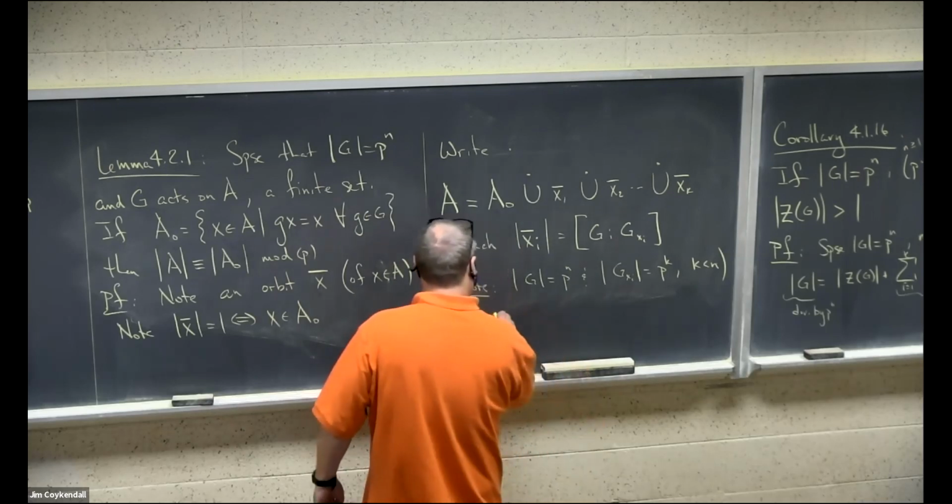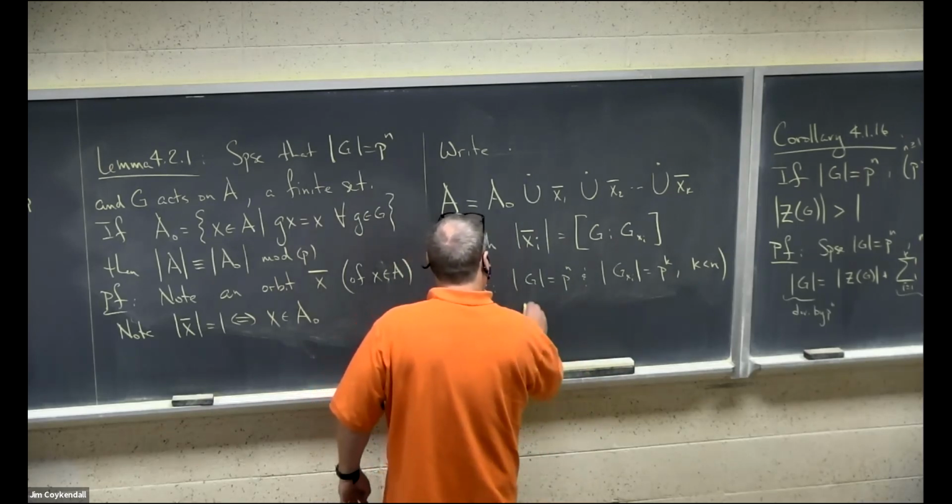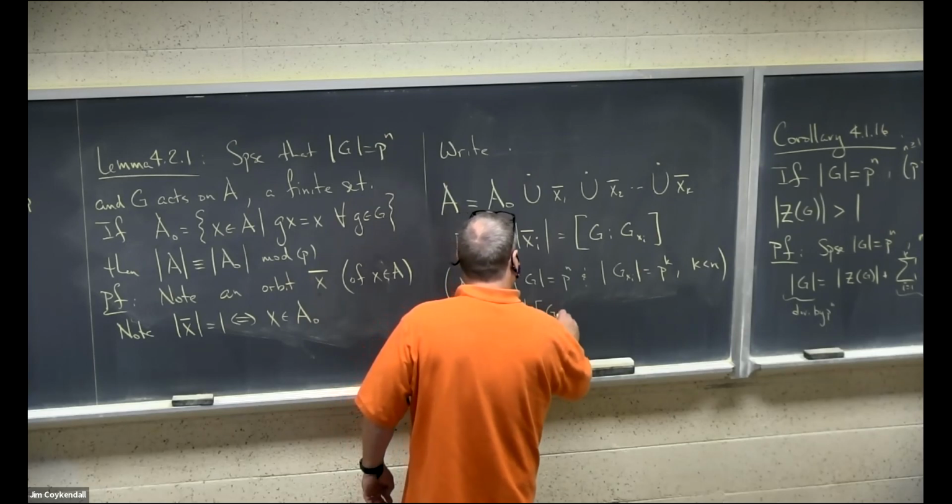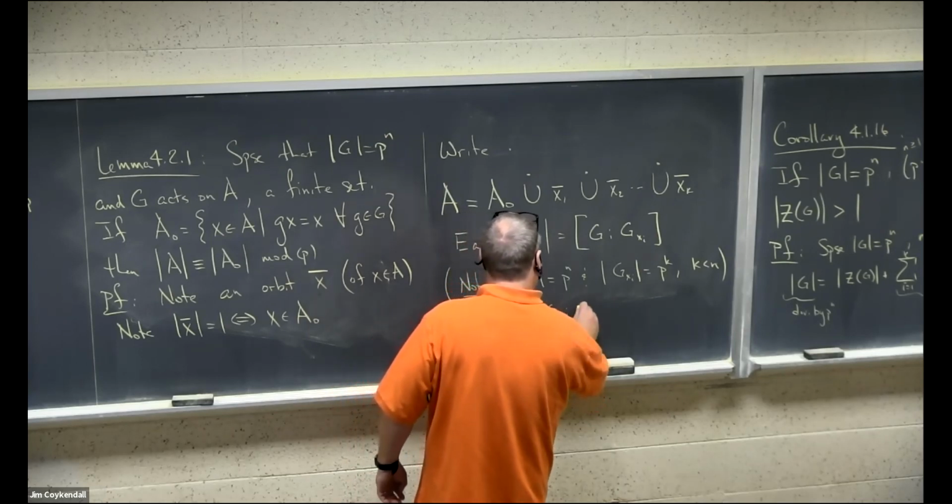Therefore, p divides each one of the orbit sizes.